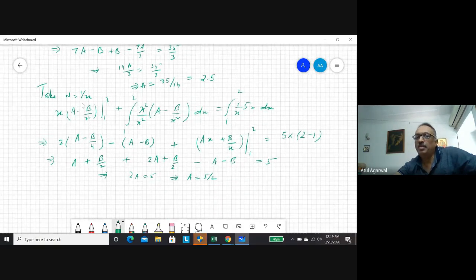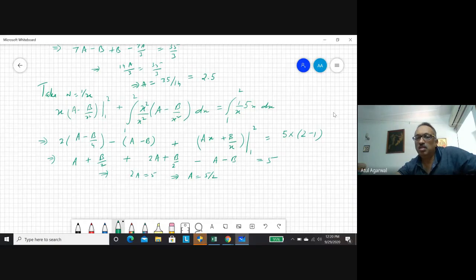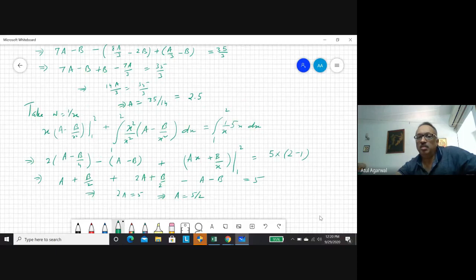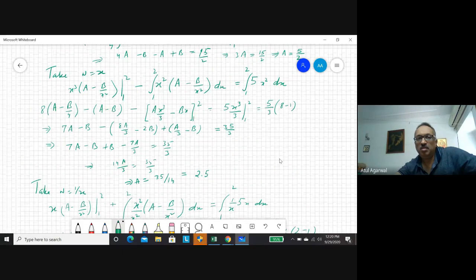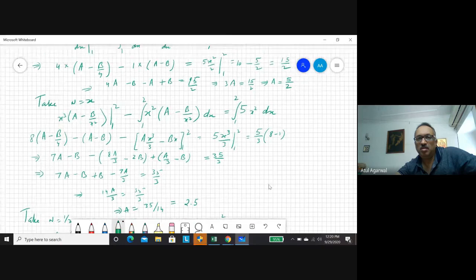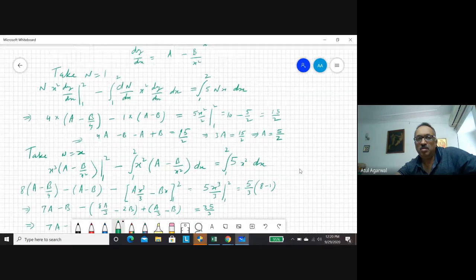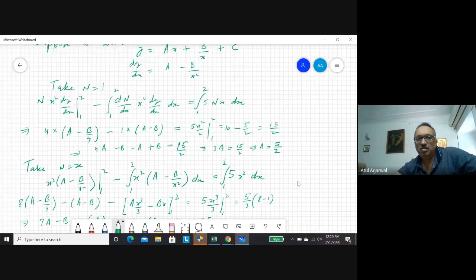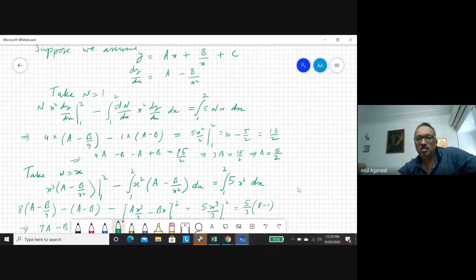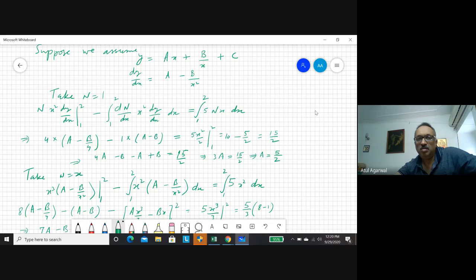It is all arbitrary business. So again, we get this equation. So you see, we got a is equal to 2.5. So here we got 2.5.